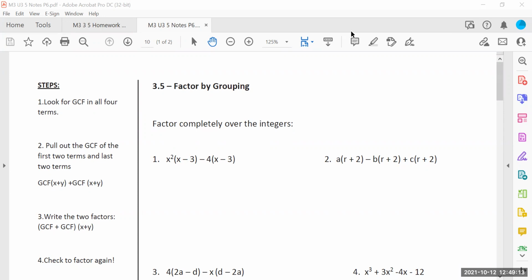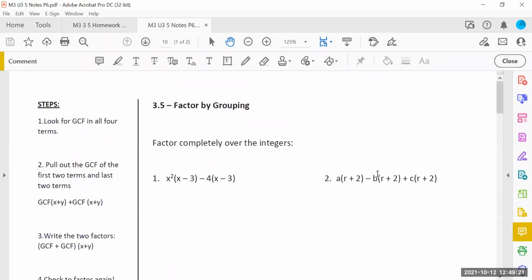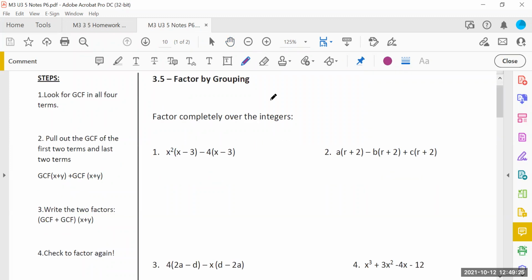So for number one, x squared times (x minus 3) minus 4 times (x minus 3). Do you all see that they have something in common, that there's something repeated there? The goal here is to notice that these both have an x minus 3. Does that make sense to everybody?